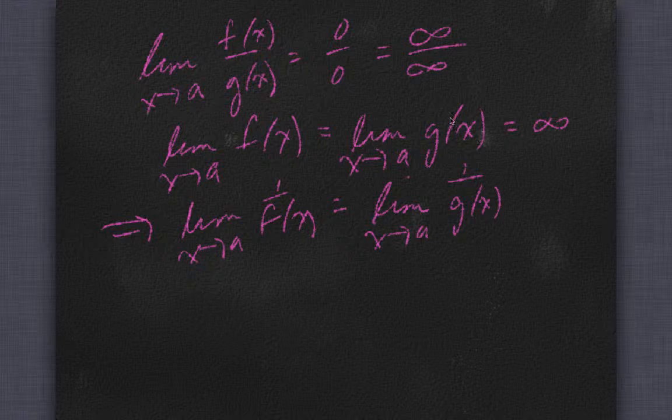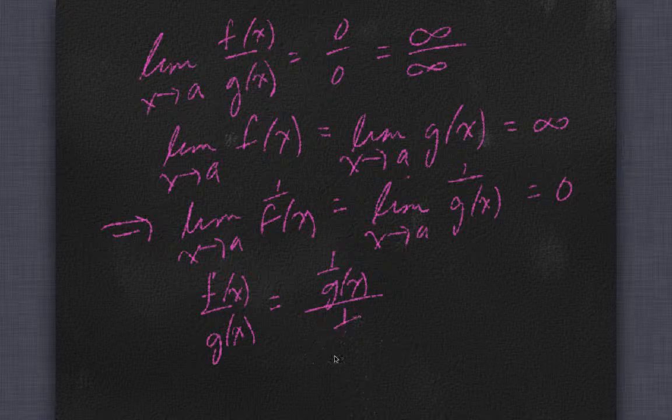And these things are getting infinitely large, so 1 over them is going to 0. You could pick any constant you want, actually. And because f of x over g of x equals 1 over g of x over 1 over f of x, just invert and multiply and your f ends up back on top.